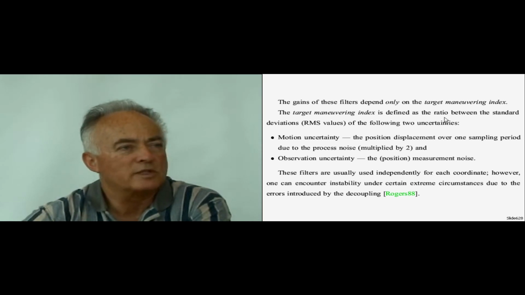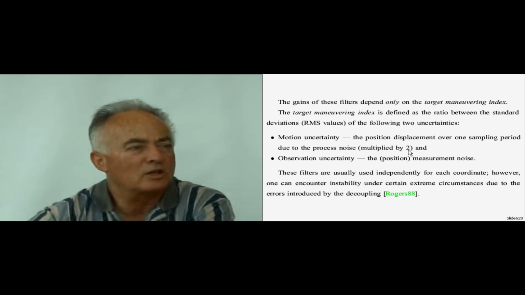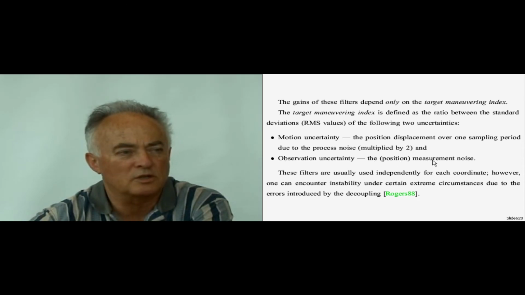The target maneuvering index is defined as the ratio between the standard deviation, the root mean square values, of two position uncertainties. Number one is in motion, the position displacement over one sampling interval due to the process noise, for convenience multiplied by 2, and the observation uncertainty, namely the position measurement noise RMS value or standard deviation.